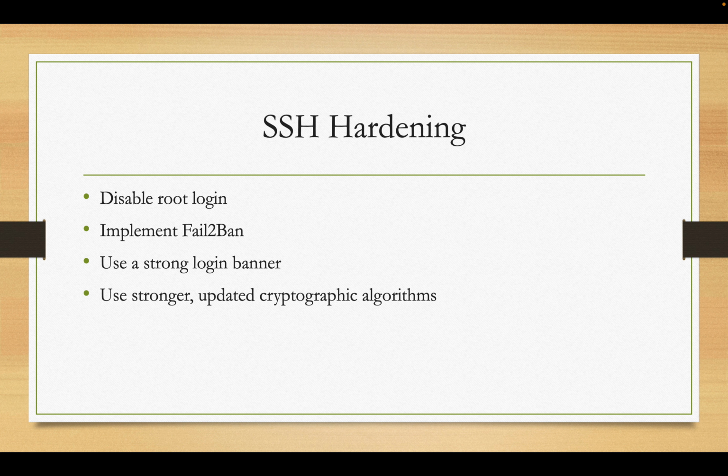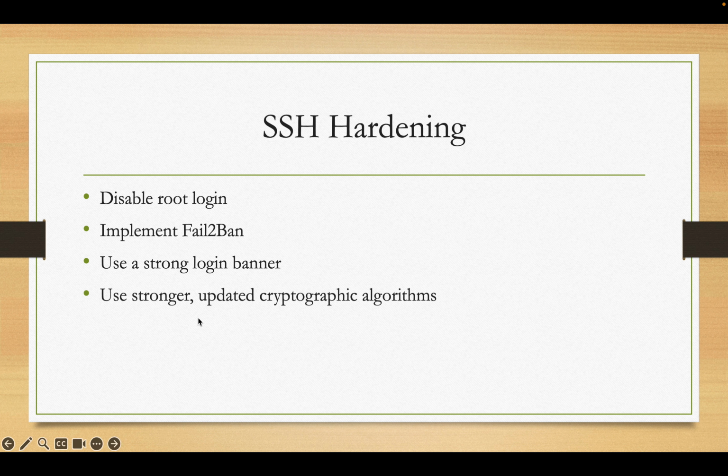So customizing and using a strong login banner will remove system version details from the Secure Shell login prompt, hiding the version details, so an attacker won't be able to automatically get that information and use it to their advantage.